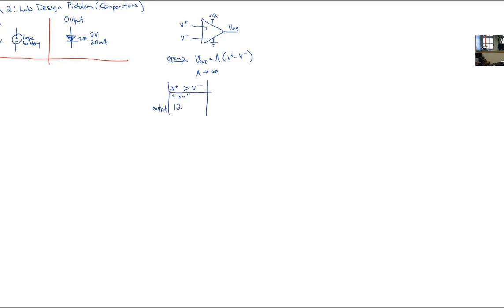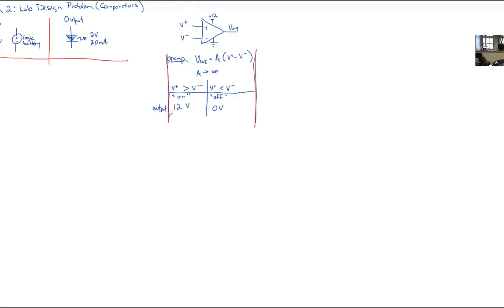In the related case, where V plus is less than V minus, so this is what we want to think about as the off case, this number is going to be negative, so V out will tend towards negative infinity. The lowest it can go, since it's powered from ground to plus 12, is going to be ground. So therefore, the output will be 0 volts. And again, this is the case for the op-amp.